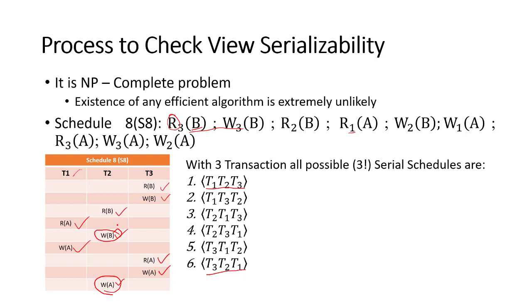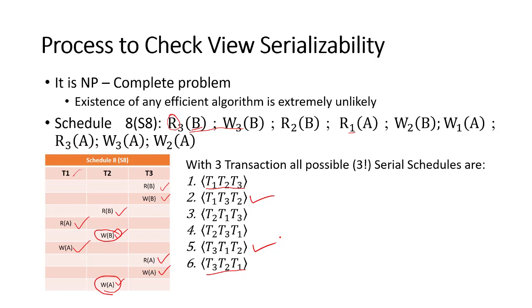From that we can conclude that whatever the serial schedule is, it should end with transaction 2. It will eliminate 4 of the serial schedules, and we are left with only the 2nd serial schedule and the 5th serial schedule, because in both cases it ends with transaction 2.